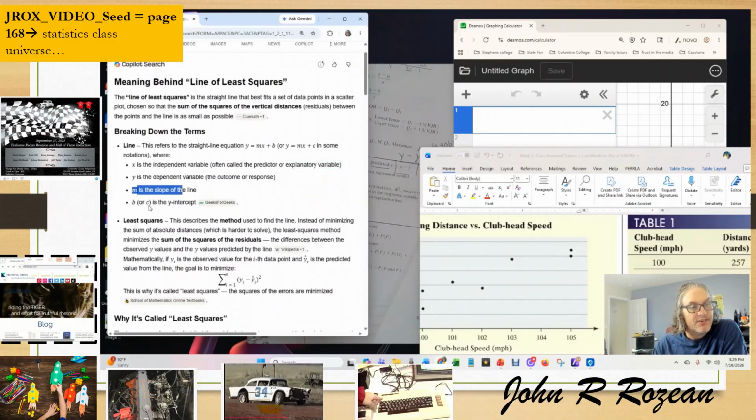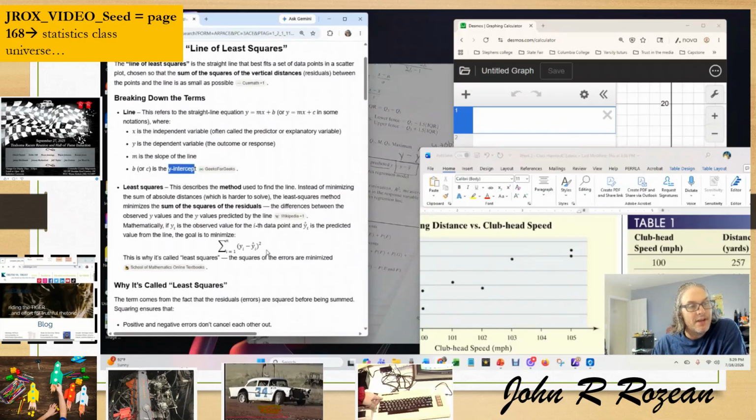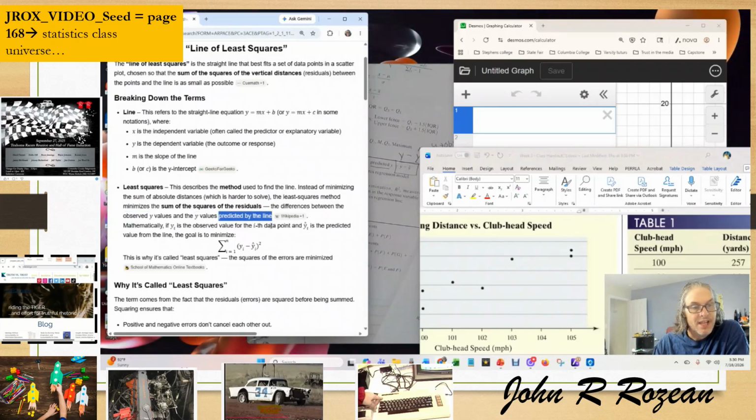Once again, m is the slope. b, sometimes called c, is the y-intercept. Here's the basis of the least squares, because it's the sum of the squared residuals. A residual is a difference between the observed y values and the y values predicted by the line.